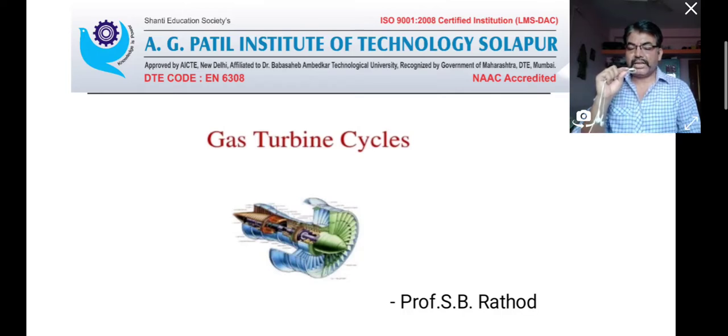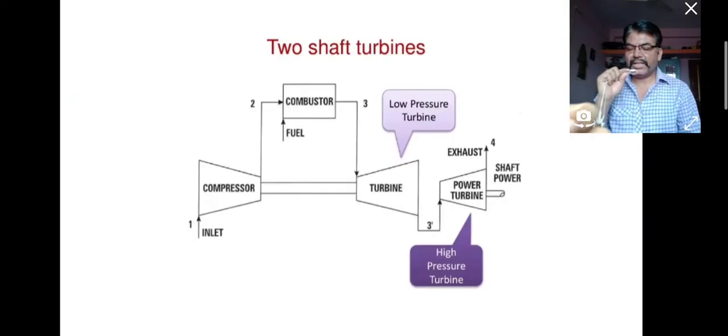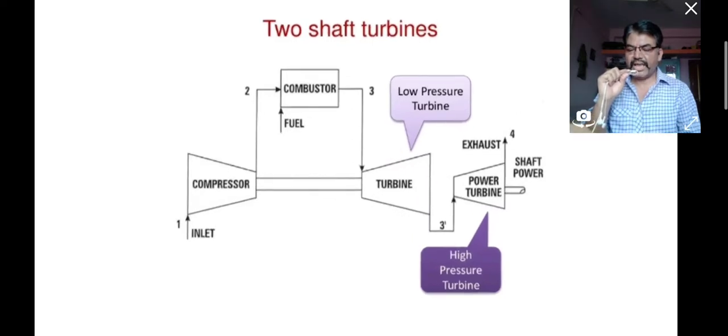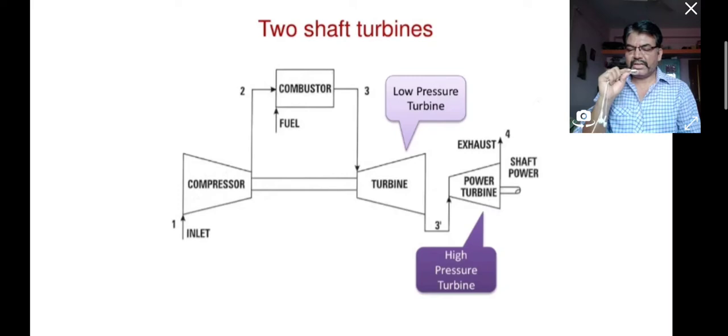Rapid progress in gas turbine development was made as a result of industrial and military needs. A major part of power developed by the turbine is consumed for driving the compressor, which supplies compressed air to the combustion chamber.